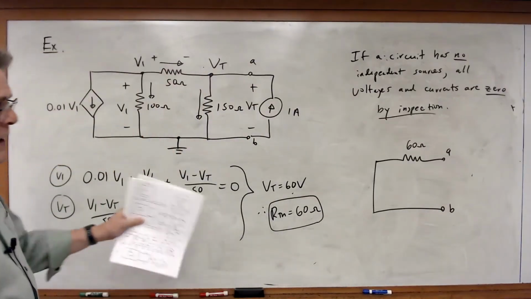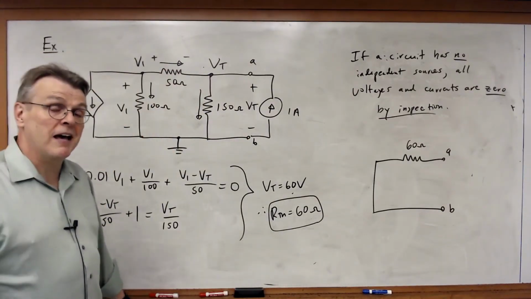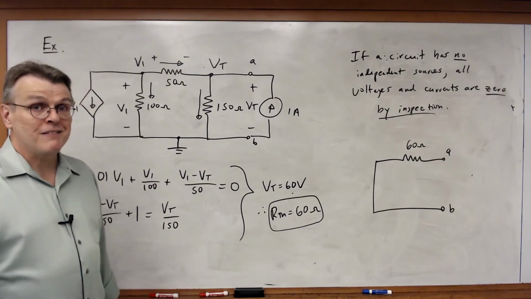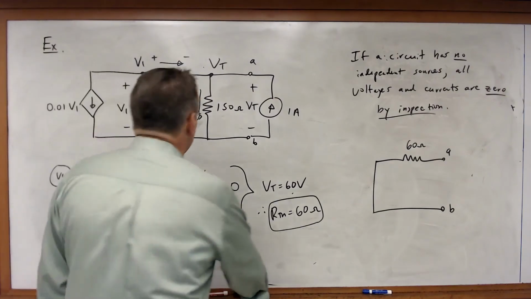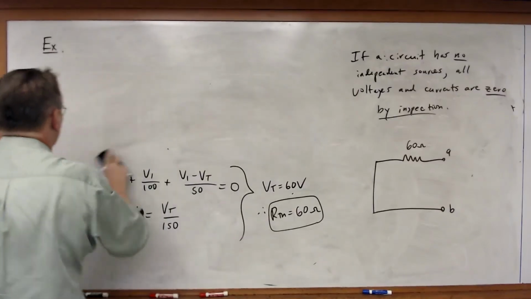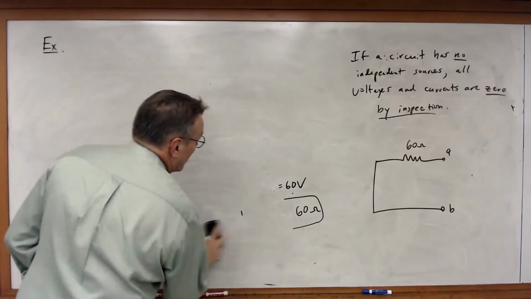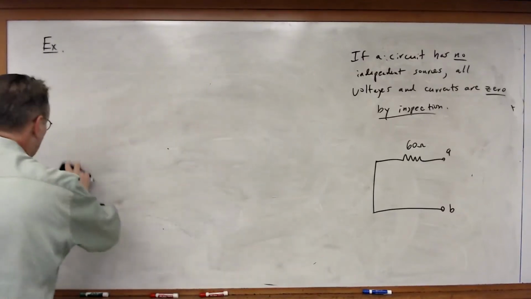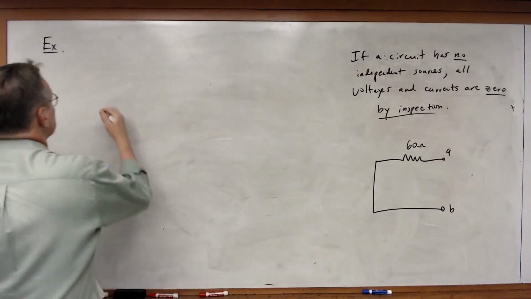Along those same lines, it's also possible to have a Thevenin equivalent circuit that is just a source. So for example, what if you saw a circuit like this?